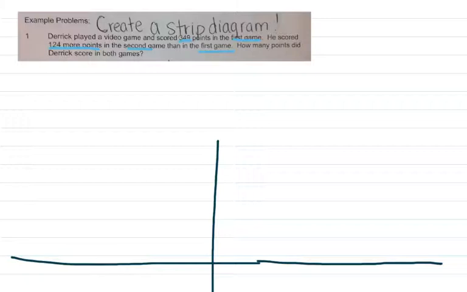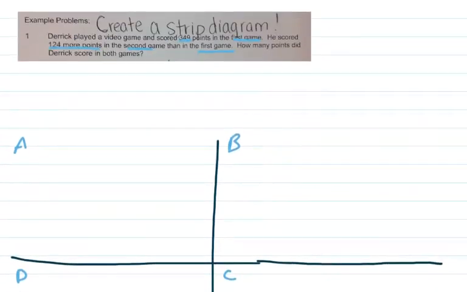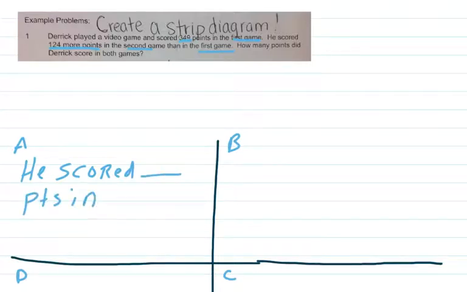Well, when we're setting up our fourth square here, we have our A, B, C, and D squares. Y'all already have the thing broken down where y'all know what goes in each square. So let's go through and do this. Here, we're going to put our answer statement that he scored blank points in 2 games.